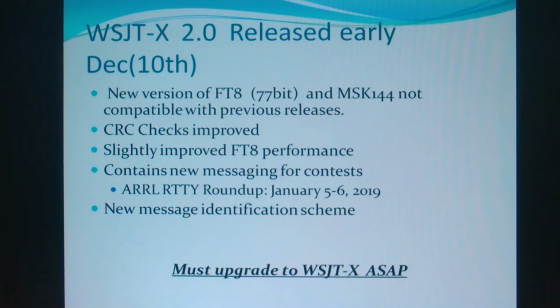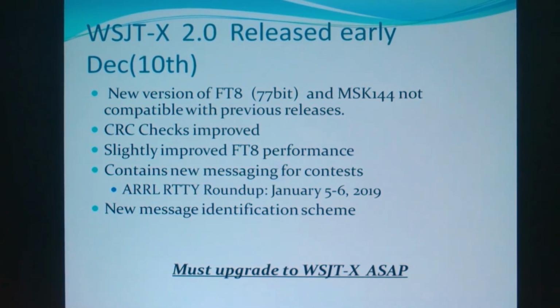The reason they've done that is they've put contesting format into it. For example, they're all getting very excited in the US because in the ARRL RTTY Roundup, you can actually use FT8 this year. There seems to be quite a lot of excitement about it. I can't really think why, because it must be incredibly slow.